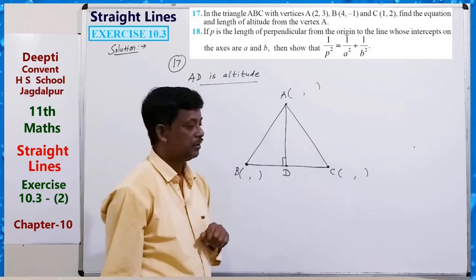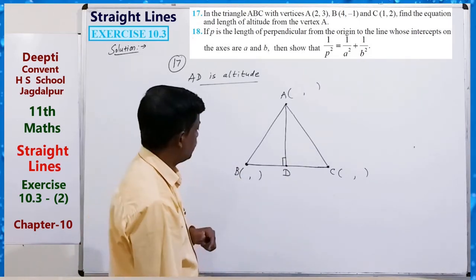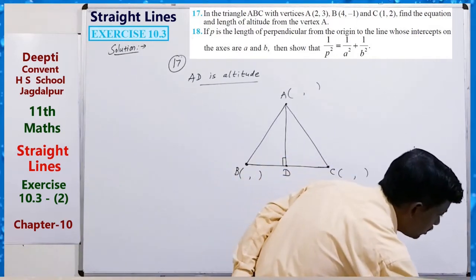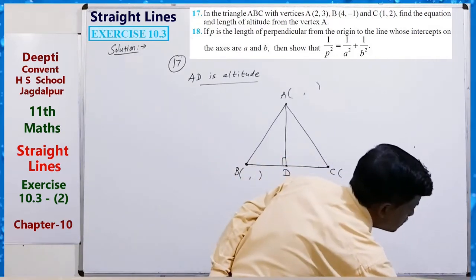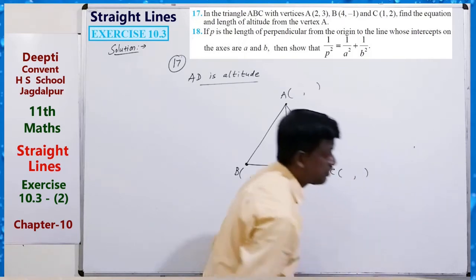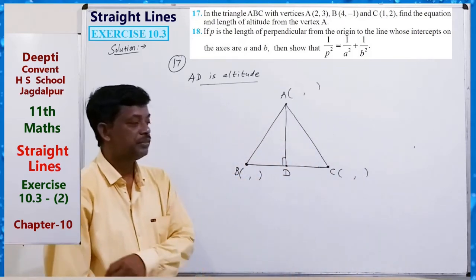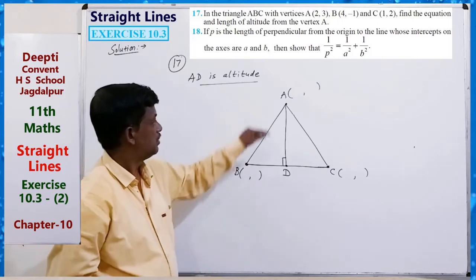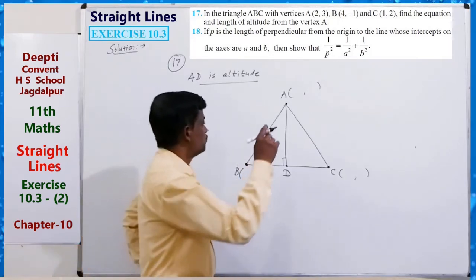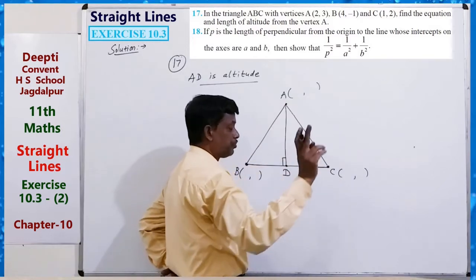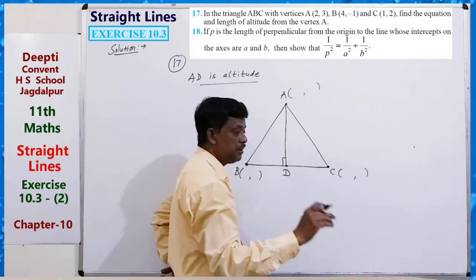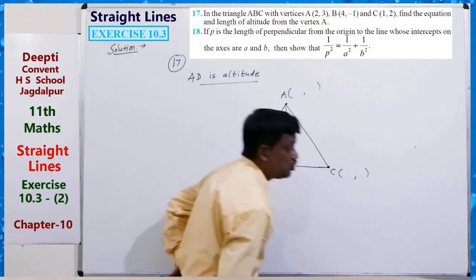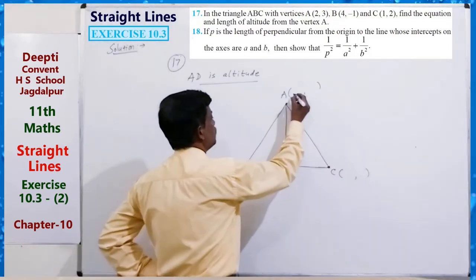Now, clear? Here, altitude means perpendicular to this. The main thing is we have to find the length. Here points are given: 2, 3, 4, minus 1.